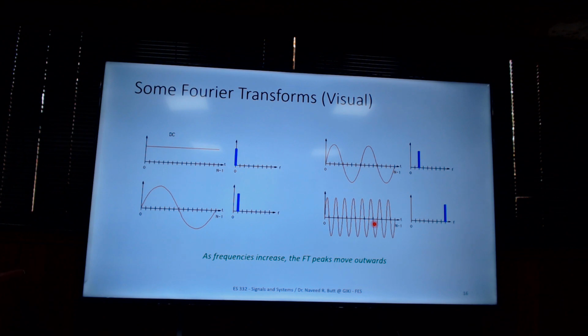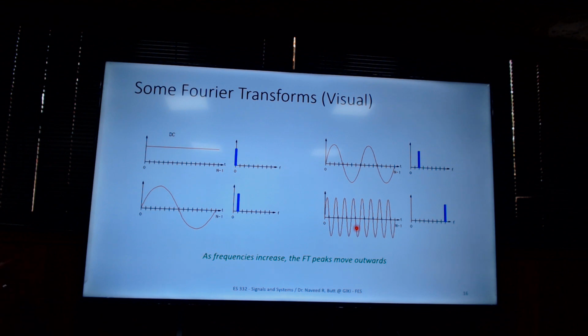Now what happens if the frequency of this goes lower? क्या होता है आपके फॉर्मूले में? The bar moves to the left, right? क्यों? क्योंकि this is saying okay this was 5 hertz, now I have gone to something lower. इनमें से frequency किसकी lower है?